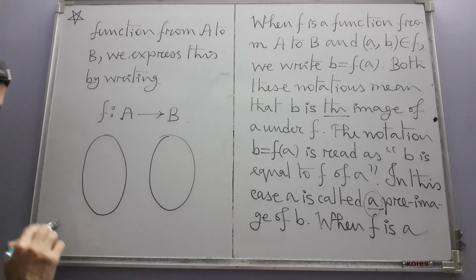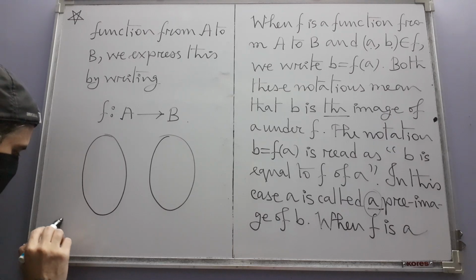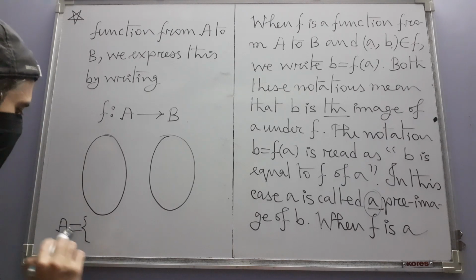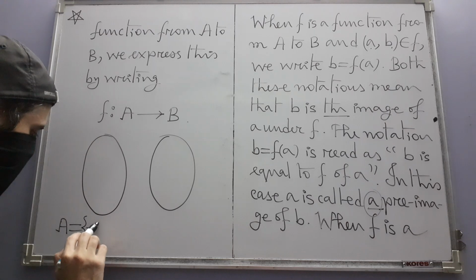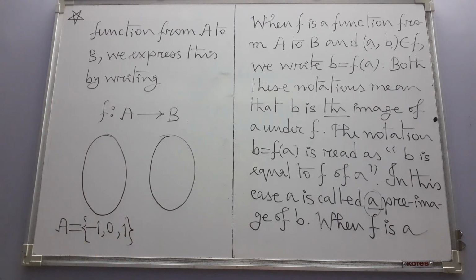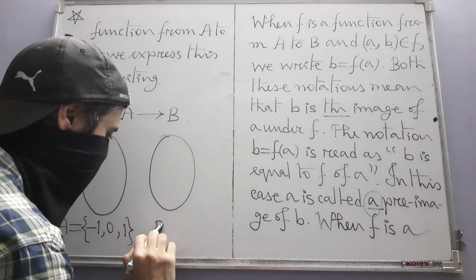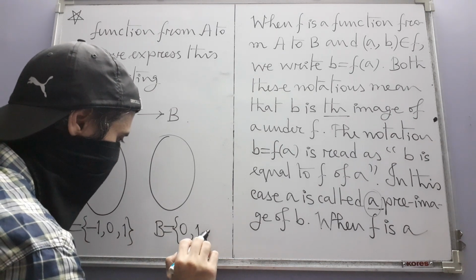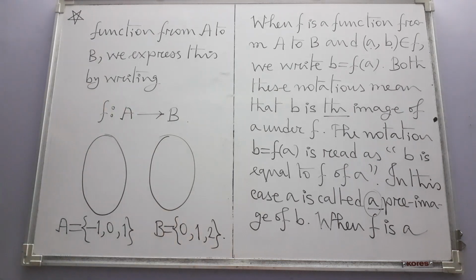So instead, let me just take actual sets. Say A is the set consisting of -1, 0 and 1, and say B is the set consisting of 0, 1 and 2.